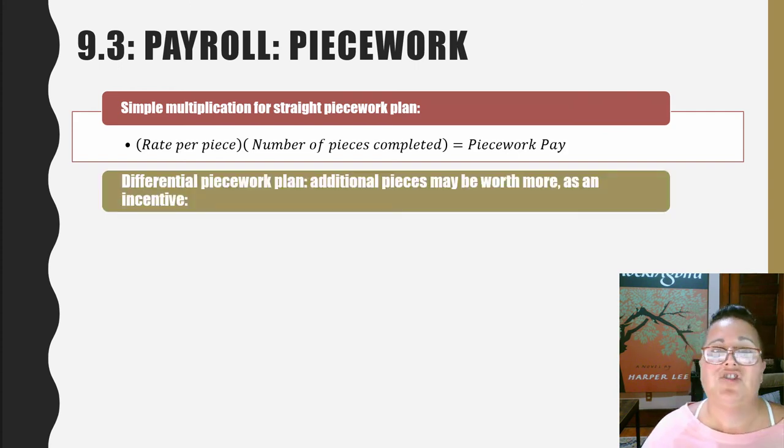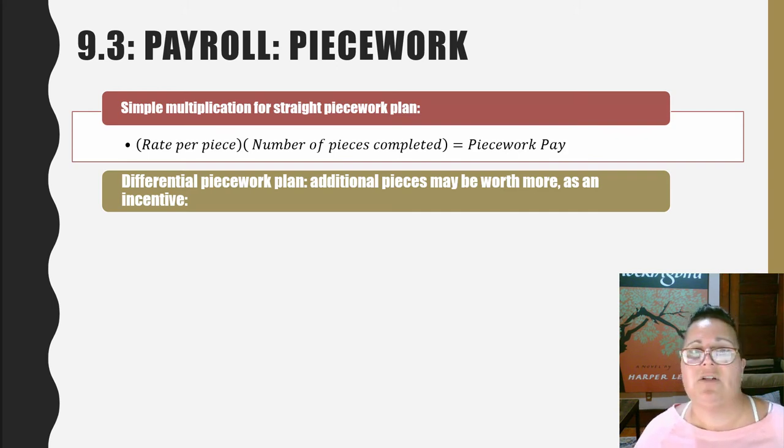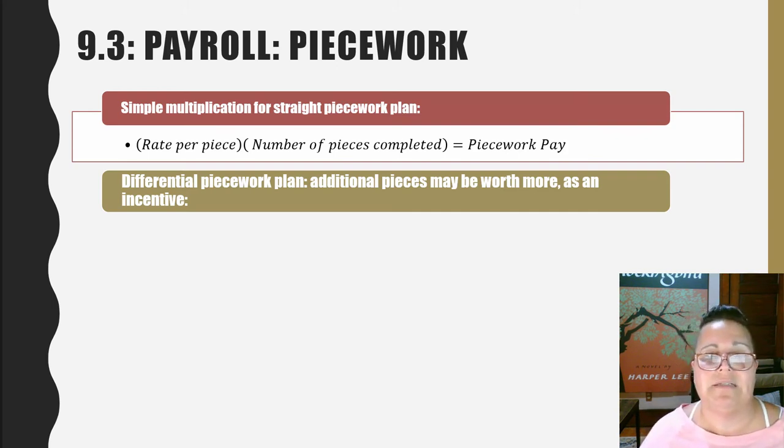Straight multiplication. There's also something called differential piecework, and this is when additional pieces are worth more as an incentive. So if you complete 200, there may be 5 cents a piece, but if you complete something over 200, maybe it's 7 cents a piece.